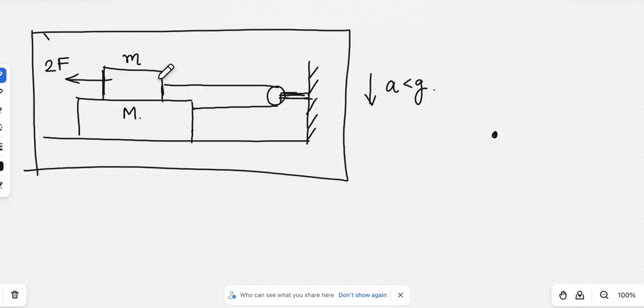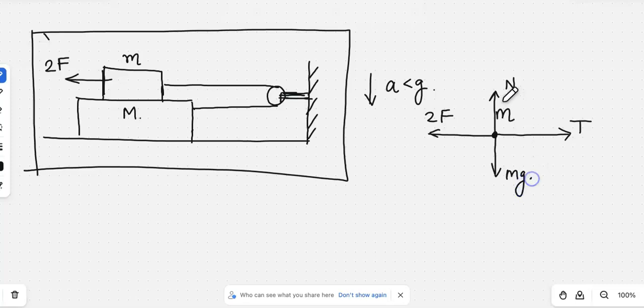So it is sufficient for us to find the acceleration of one block only. So let's do that. So this is small m mass over here. This is 2F force applied, double the force. The tension is towards right. Very good. And the normal reaction is upward, that is capital N. The downwards is mg. The pseudo force is ma.